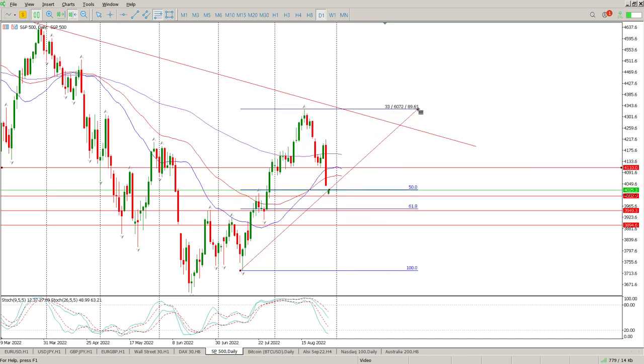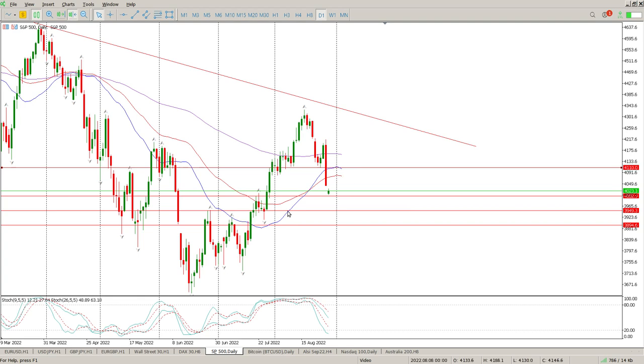Okay. Right. So depending which leg you take it from, if I take it from this one, then you can see we are at the 50% here, and the 61% Fibonacci is right here at 3950. So the levels that we've got drawn in also line up with Fibonacci's. So that's something that you do need to pay attention to. It's on the daily.